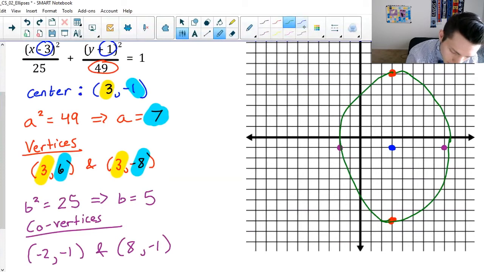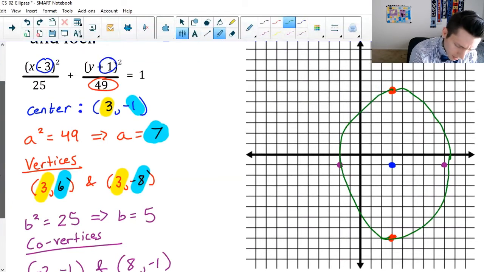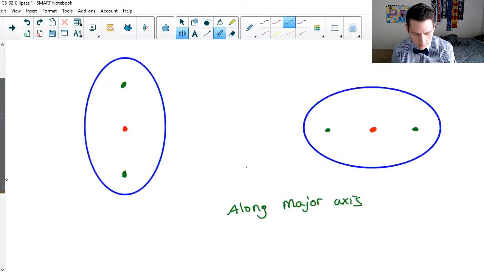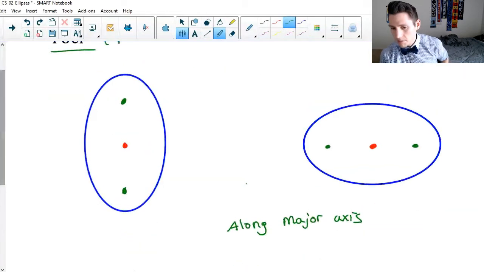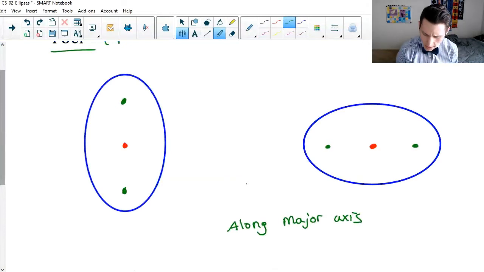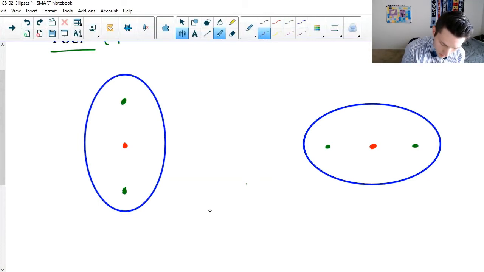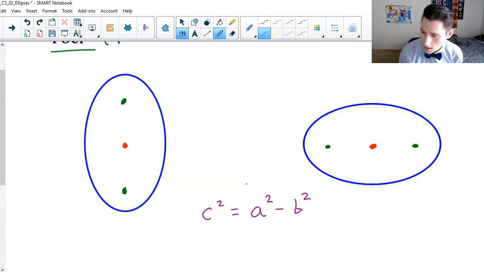We're not done. We still need to go through and find the foci. Oh, wait, I forgot back here. I was too caught up in the planets. So how do we actually find the foci? Well, we do it using this: c squared equals a squared minus b squared.